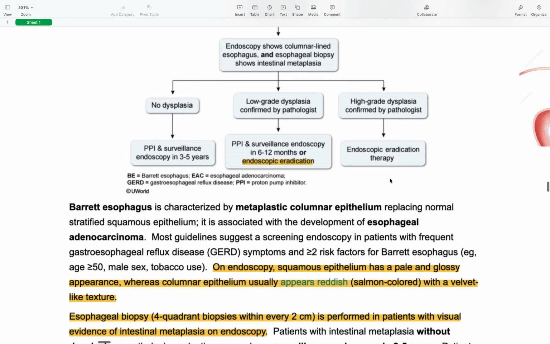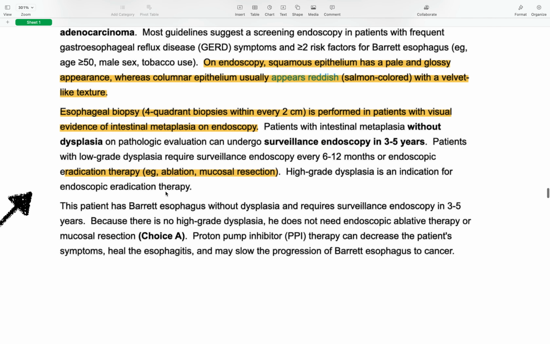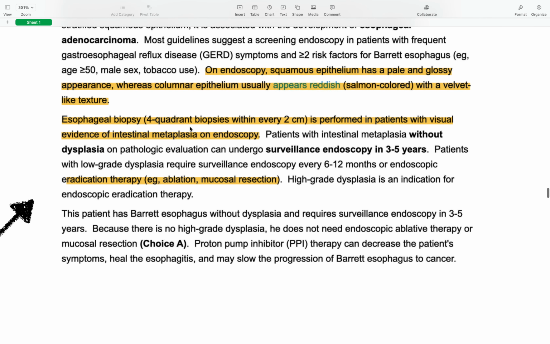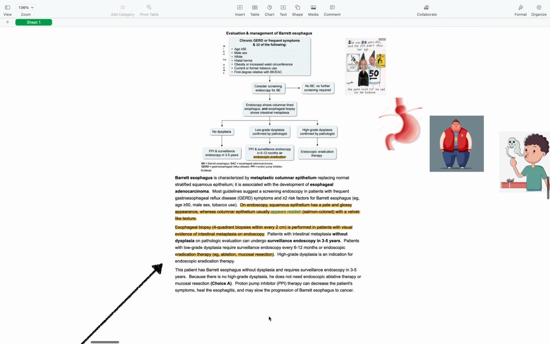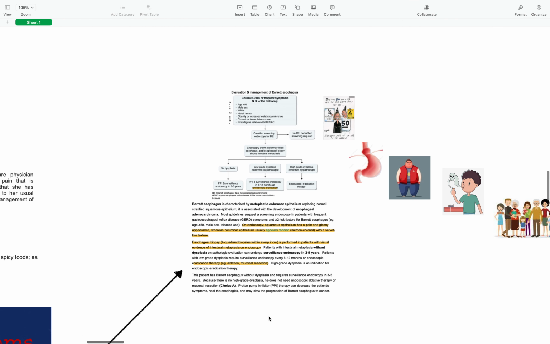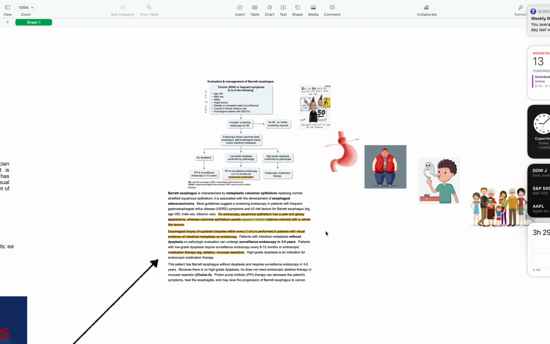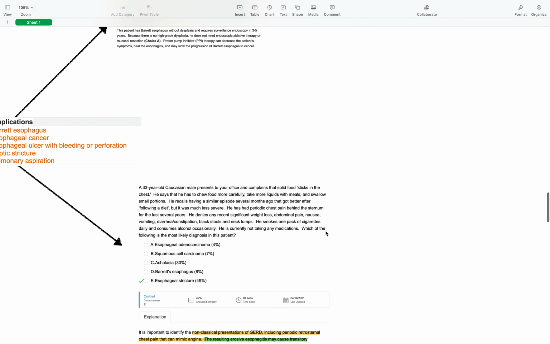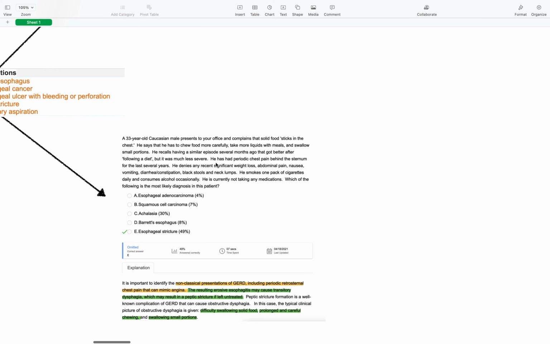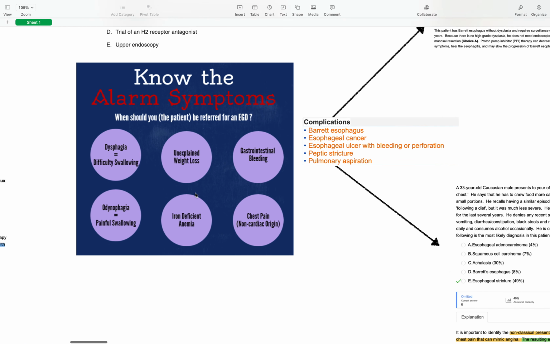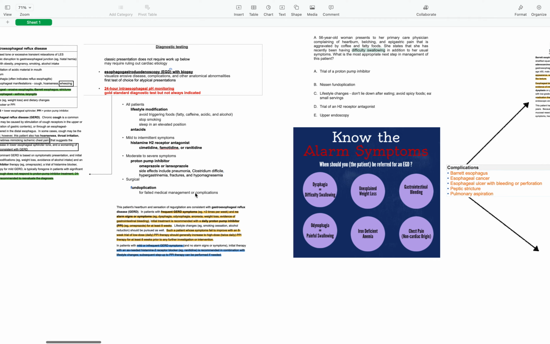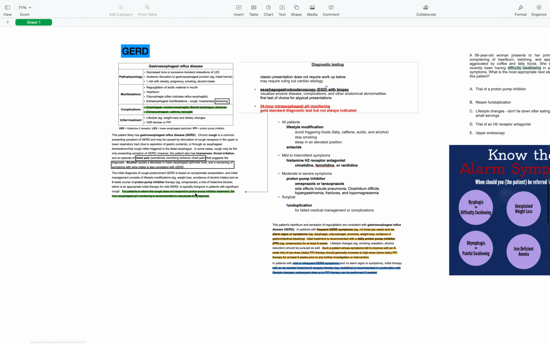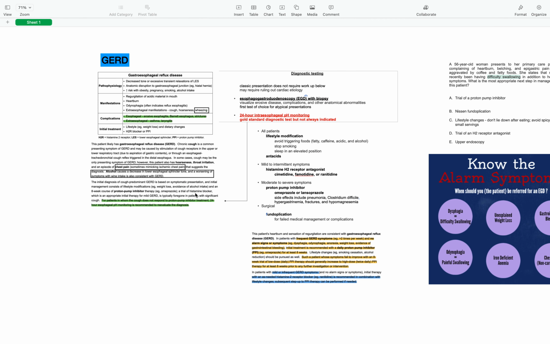Okay, and the endoscopic eradication therapy may be with ablation or mucosal resection. Okay, so these are the complications of GERD, Barrett's esophagus, and the strictures, and the atypical presentation of GERD, the alarming symptoms of GERD, and the entire workup related to GERD. That is all.